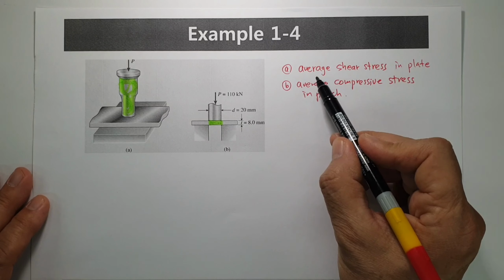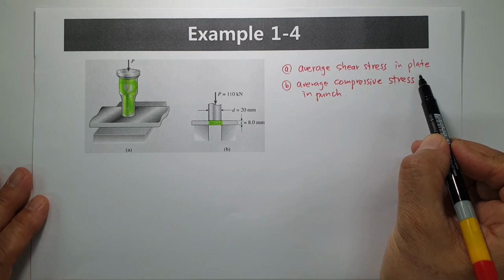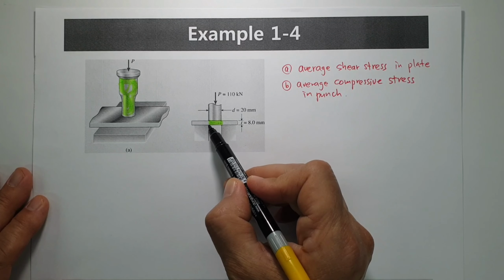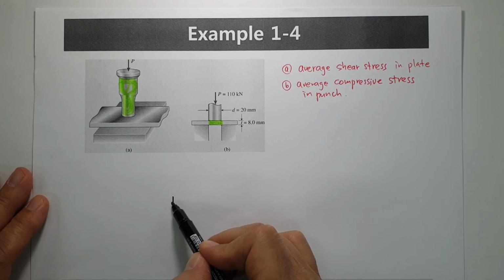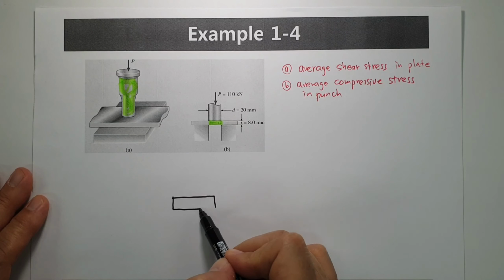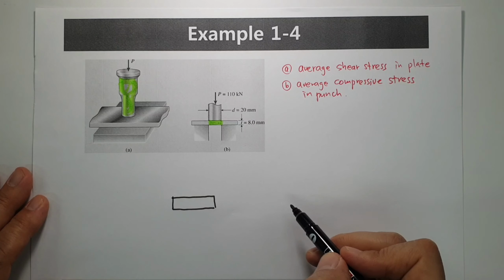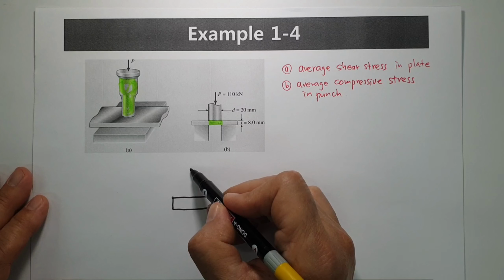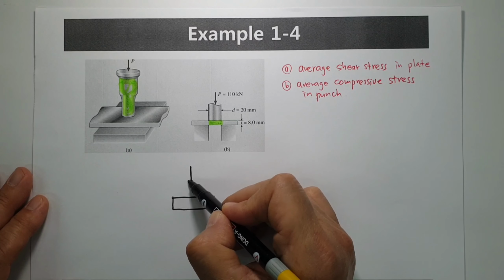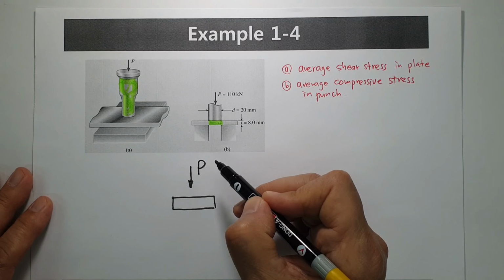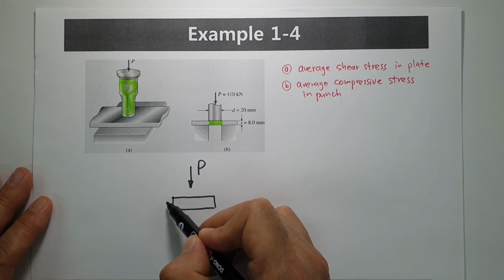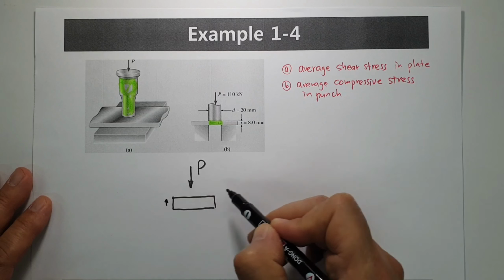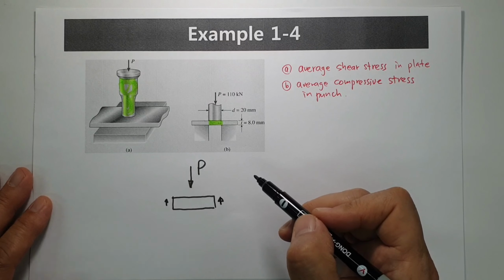First one, average shear stress in this plate. When you draw this area, big force is given by P, and some small forces are acting like this one.